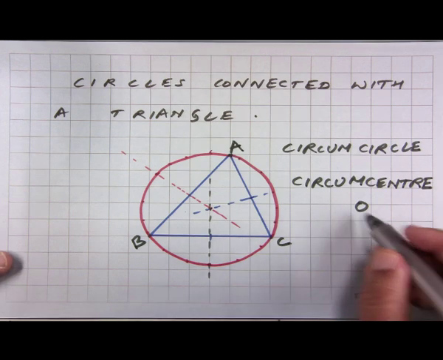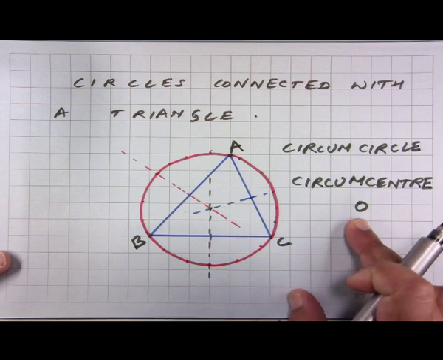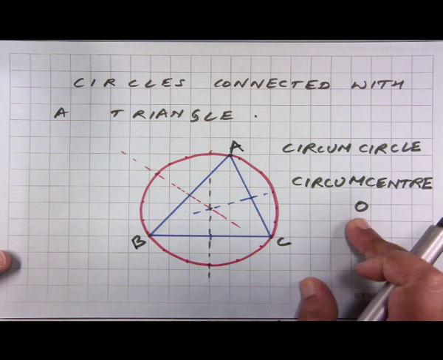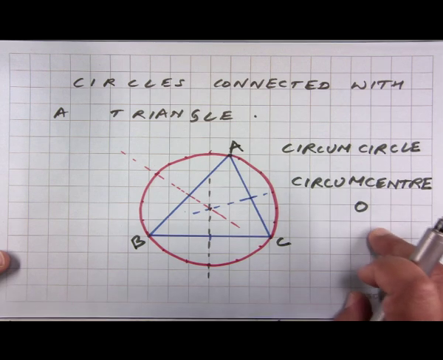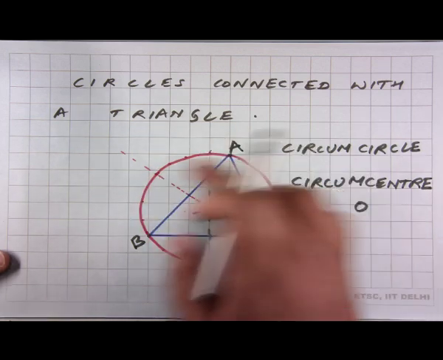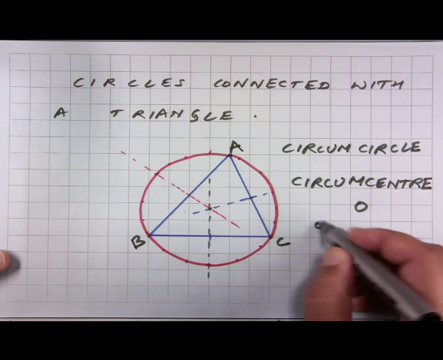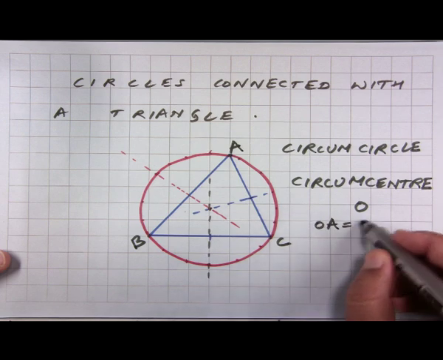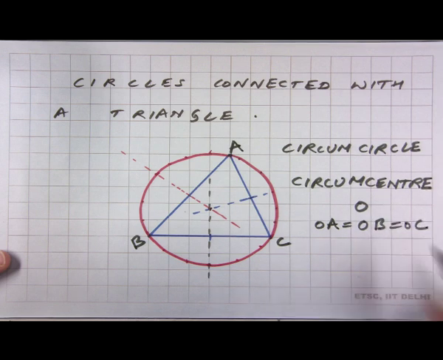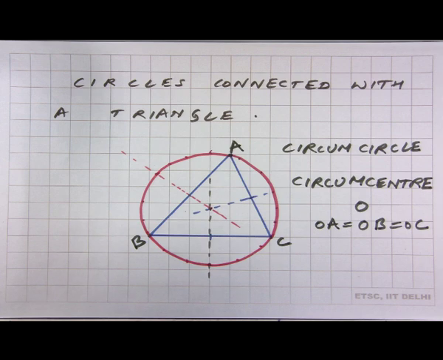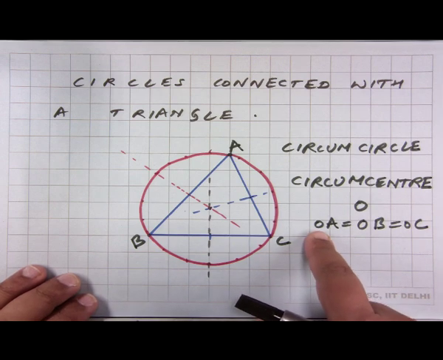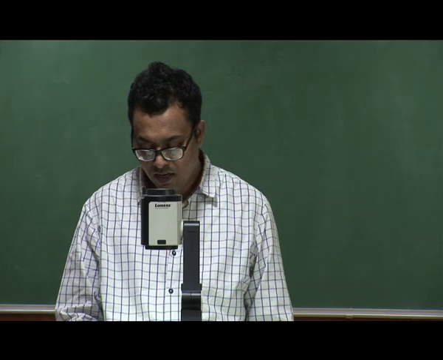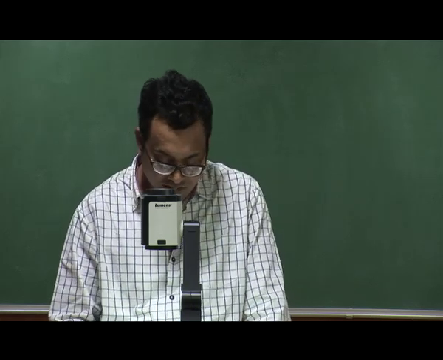But remember, the circumcenter, which is the point O, should be such that the distance of all these 3 vertices from this circumcenter has to be the same, because the circumcircle is actually a circle. So, it should be true that OA is equal to OB is equal to OC. Now, since OA is equal to OB, it follows that the circumcenter O must lie on the perpendicular bisector of the line segment AB.